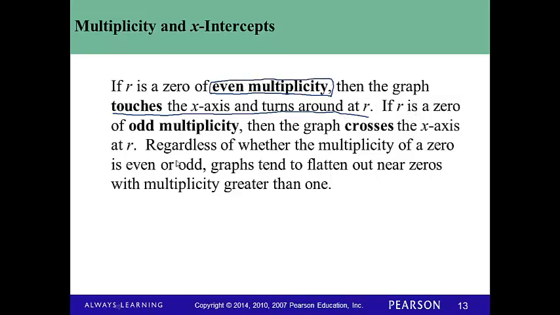If r is a 0 of odd multiplicity, then the graph crosses the x-axis at r. Regardless of whether the multiplicity of a 0 is even or odd, the graph tends to flatten out near zeros with multiplicity greater than 1. So if it's odd multiplicity, it crosses the x-axis at r. And if it is even, then it touches the x-axis and turns around at r.